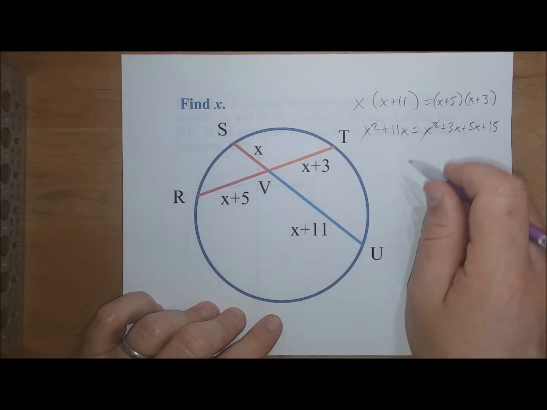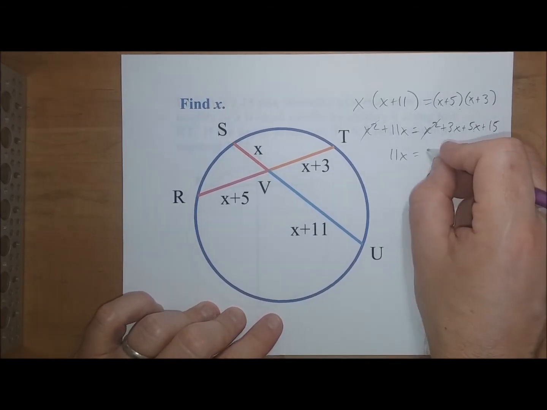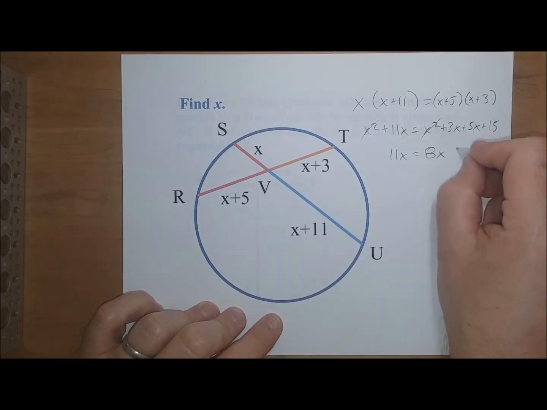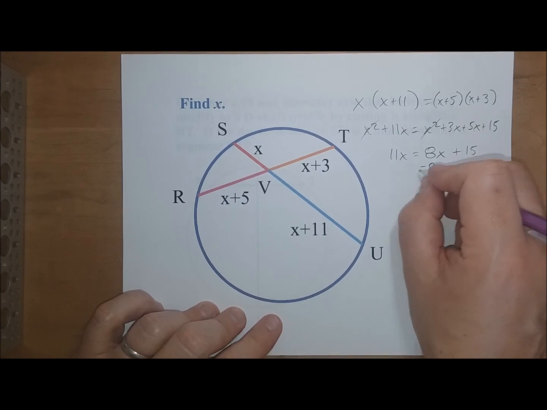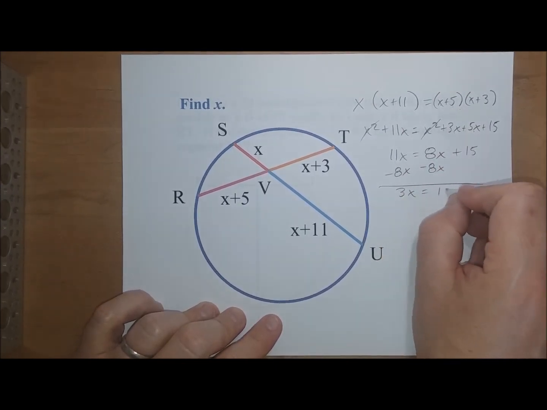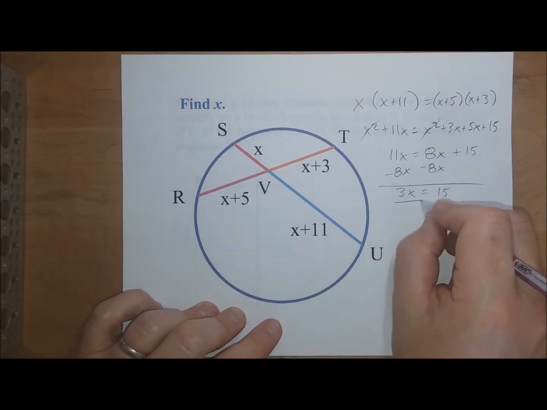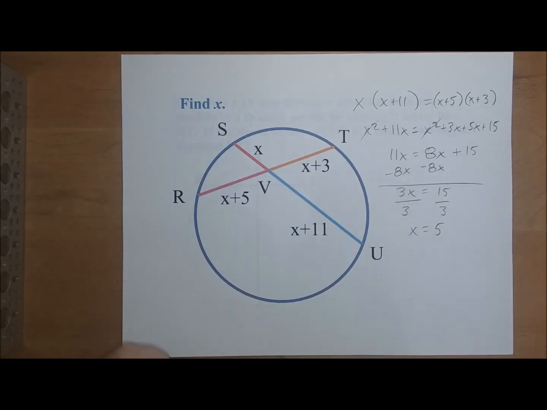We can subtract x squared from both sides. Get 11x equals 3x plus 5x gives me 8x plus 15. I can subtract 8x from both sides. And I get 3x equals 15. We can divide both sides by 3. And we get x equals 5.